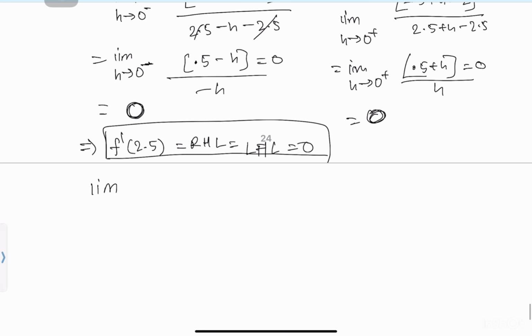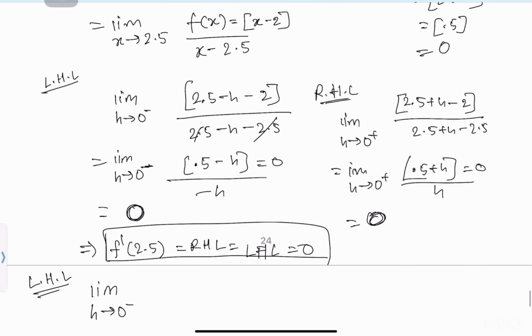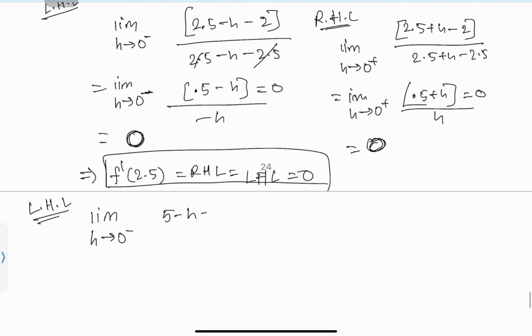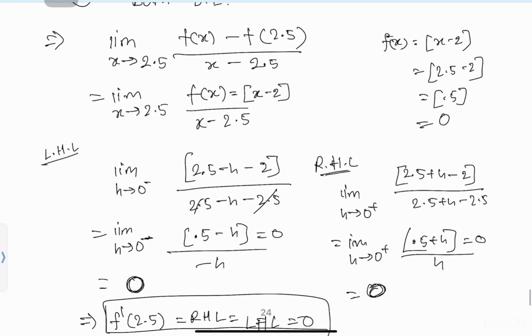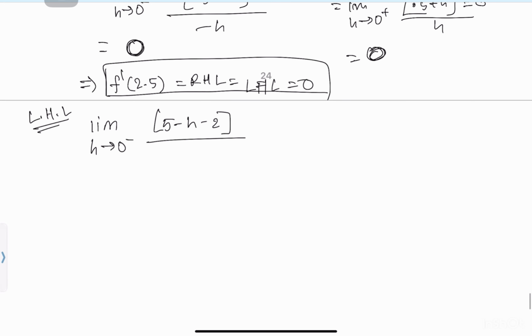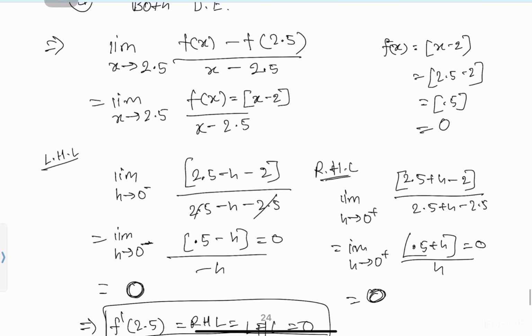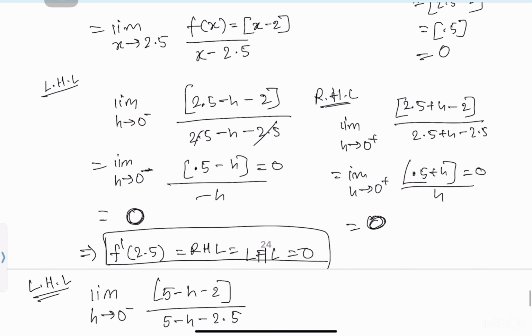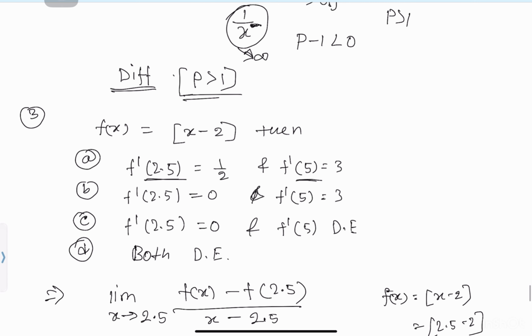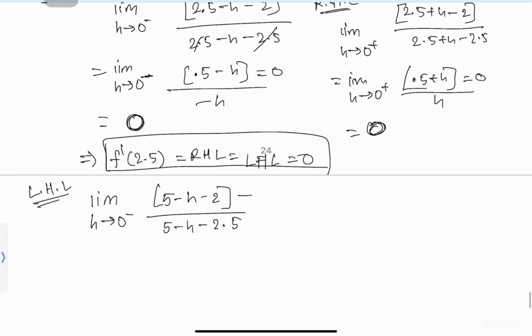Now I also have to check the case of 5. Left hand limit for the 5 case, h tending to 0 negative. In place of x you write 5 minus h, so the box of 5 minus h minus 2, divided by x minus 2.5, that is 5 minus h minus 2.5. I also have to subtract the f of 5 value, 5 minus 2 box, which is box of 3.